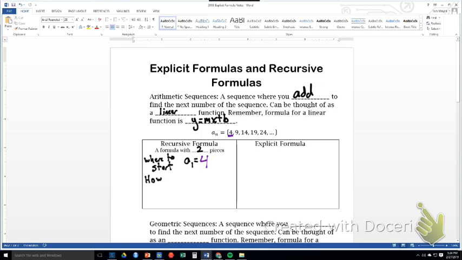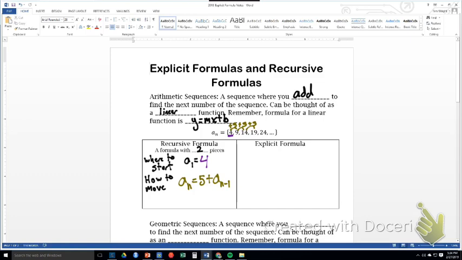How is my sequence changing from number to number? Well, coming back up here, we can see that this sequence is going plus 5, plus 5, plus 5 over and over again. So that means it's going to be an equals 5 plus an minus 1. And so what that's saying is you're adding 5 every time.